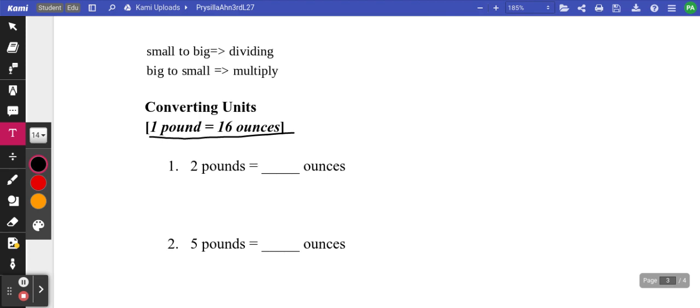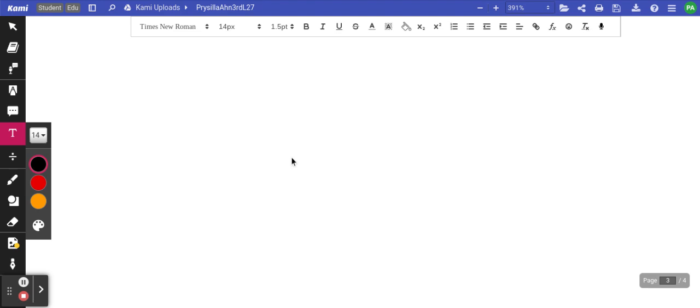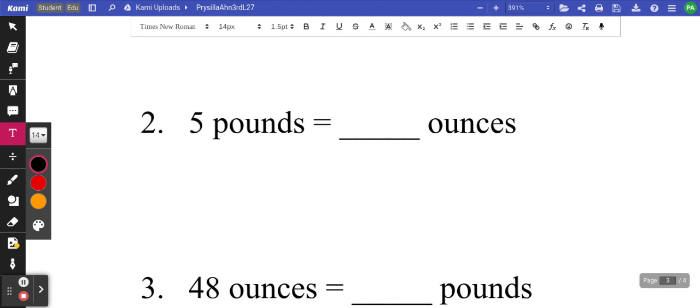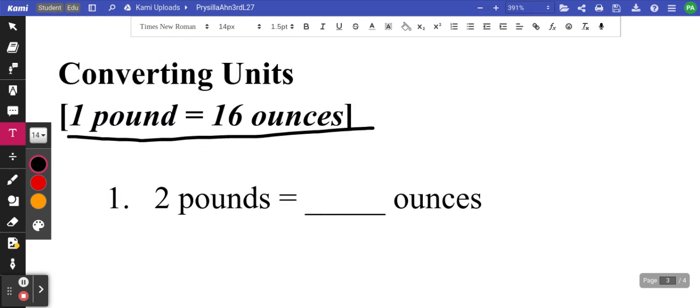So let's get this straight: 1 pound is 16 ounces, which means that in general, a pound is heavier than an ounce. So we've established that. So let's get on with it. So 2 pounds. Like I said, pounds is heavier, which means it's bigger.